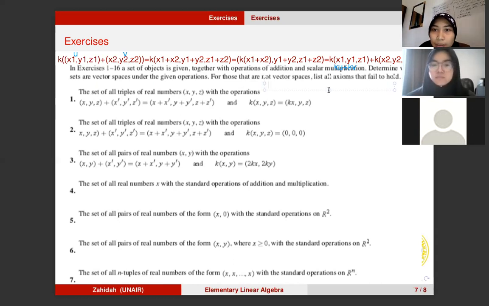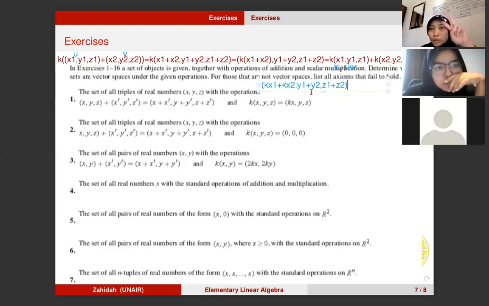So from here we have k times x1 plus k times x2, the second component y1 plus y2, the third one z1 plus z2. So from here, we just split into two factors.